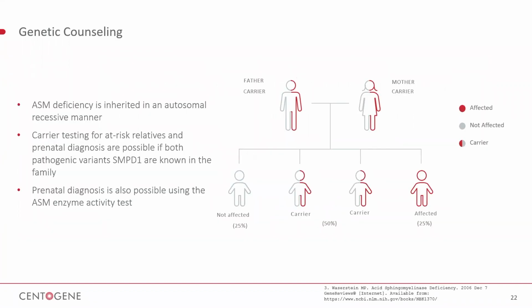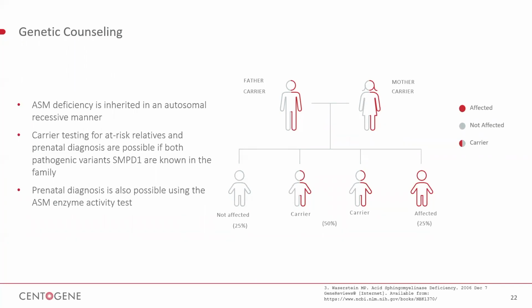And just a little bit of review, since the 3 types of Niemann-Pick are recessively inherited. So for any affected individual, they inherited both of those non-working copies from their parents. Since their parents have one working copy and one non-working copy, they actually don't present with any symptoms of the condition because that working copy is sufficient in their cells to make enough enzyme.